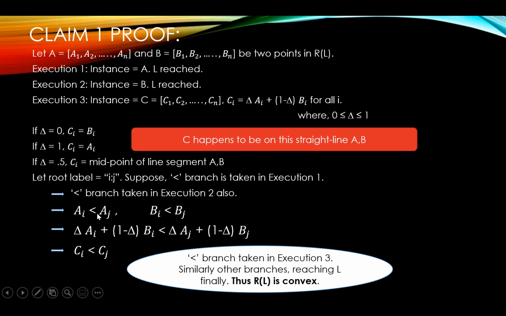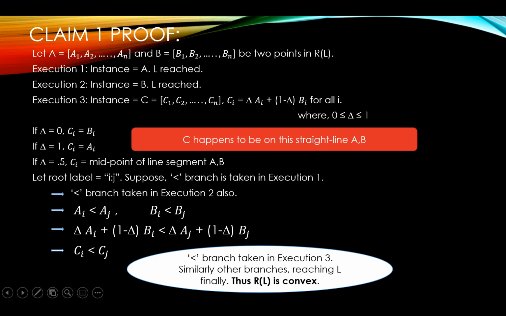Now in this inequality, we'll add the delta component. So delta times Ai plus 1 minus delta times Bi will be less than delta times Aj plus 1 minus delta times Bj. This is equivalent to Ci less than Cj, which means that the less than branch is taken in execution 3.